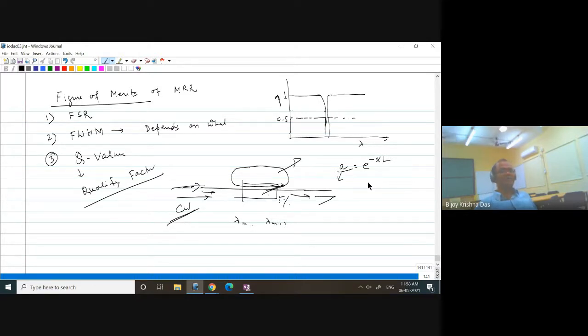So at steady state, a certain power will be stored in the cavity depending on the losses, and a steady state condition will be built. Whatever extra power is coming is actually getting lost, but obviously certain energy is being stored.